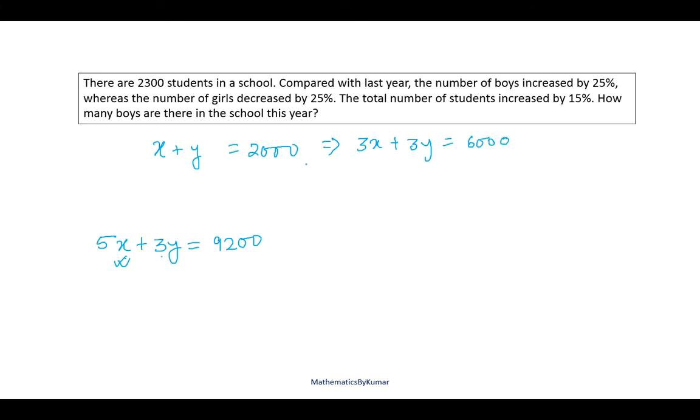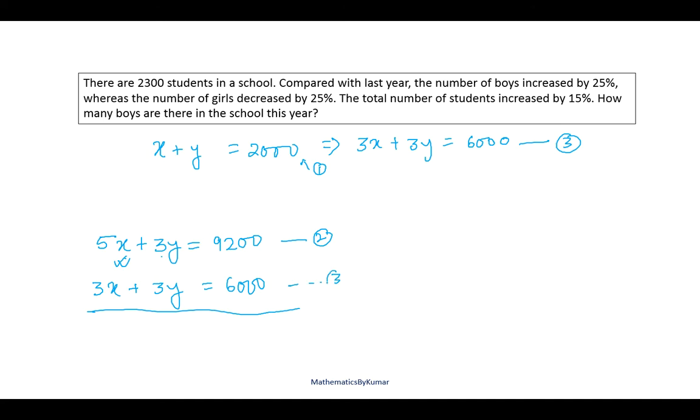So this was my equation 1, this was my equation 2, and I have got another equation 3. Now I just want to subtract equation 3 from equation 2. So let me write it here. I have 3x plus 3y equal to 6000.